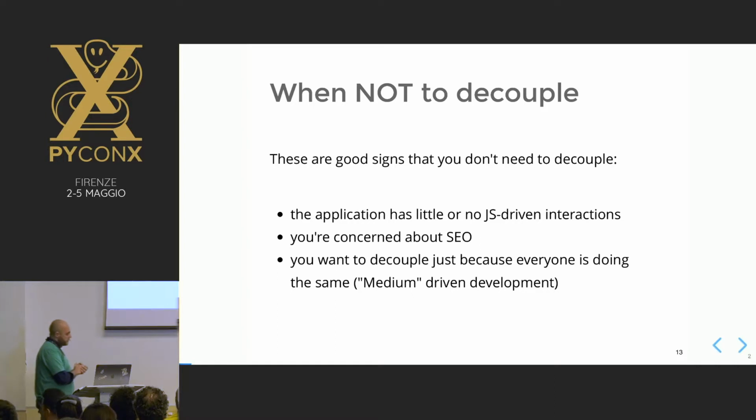If you're concerned about search engine optimization, then you should consider if you want to decouple, because search engine optimization is important. Or if you want to decouple just because everyone's doing the same, that's what I call medium-driven development. Don't do it, please.